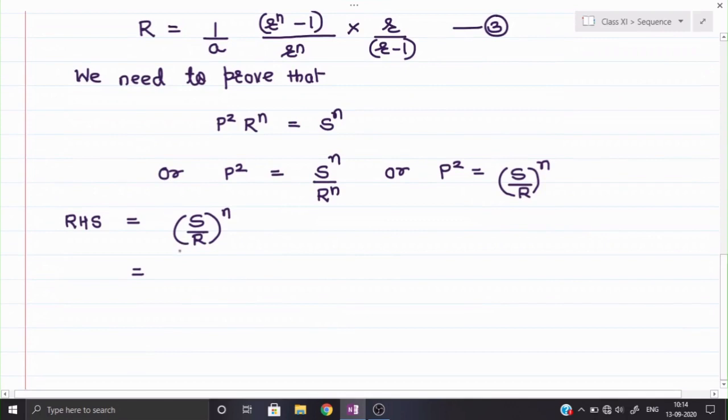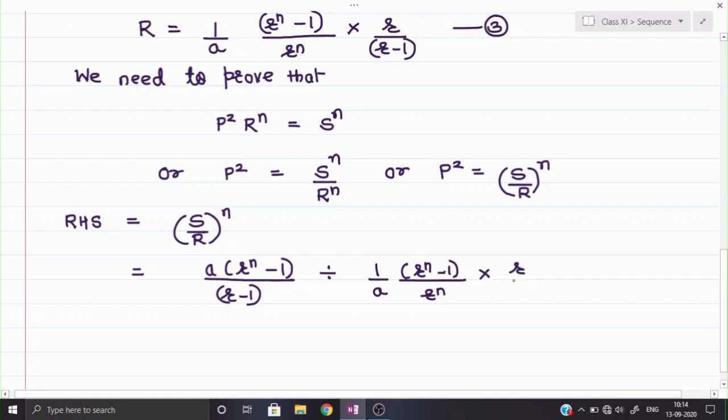So I am keeping that here, divided by the value of R. The value of R is on the screen: 1 upon a into the bracket r minus 1, r to the power n minus 1 upon r to the power n into r minus 1, and whole power n.